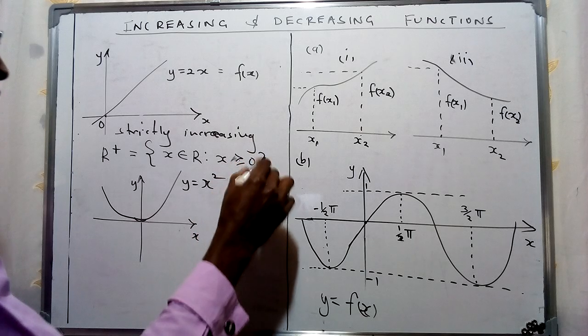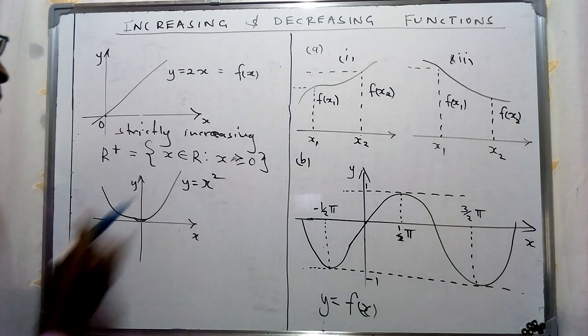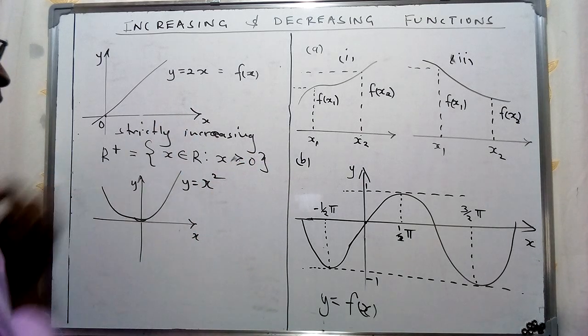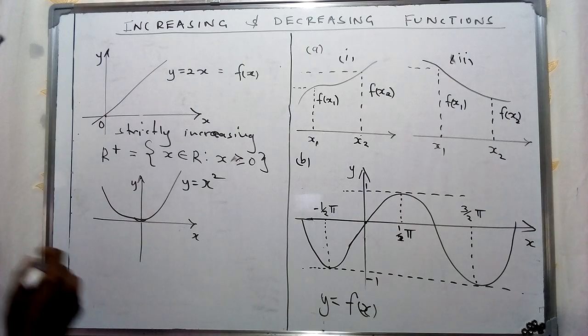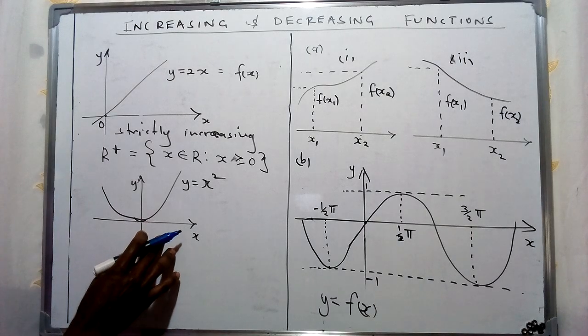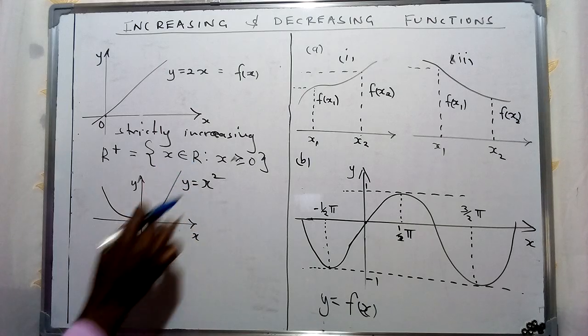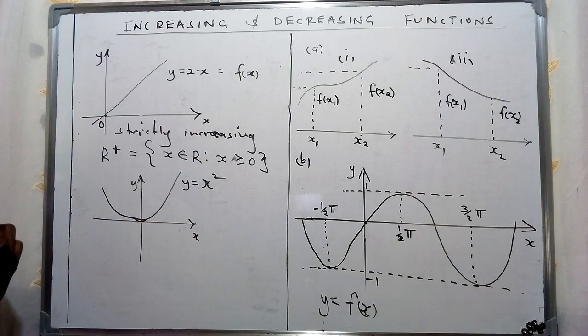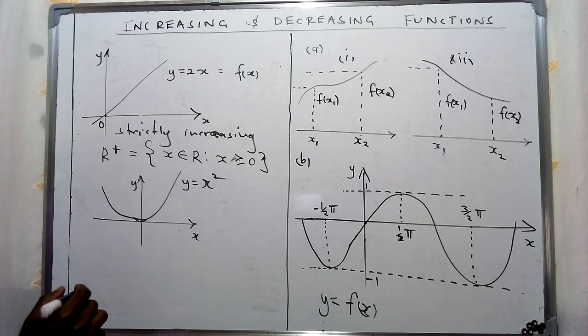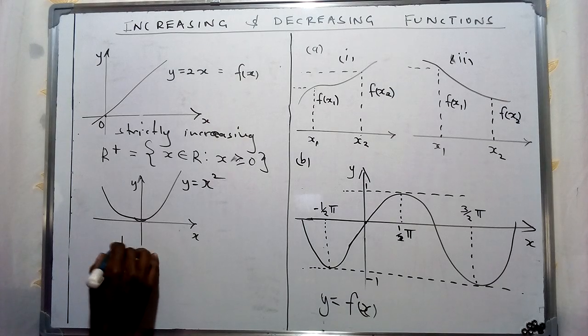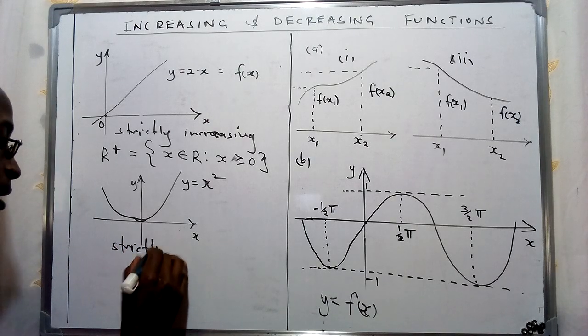And that is going to give us our interval for this specific aspect of a strictly increasing function. So if we try to compare that one with the graph we have given for y is equivalent to the square of x, we can give this one another definition of a function which is strictly decreasing.